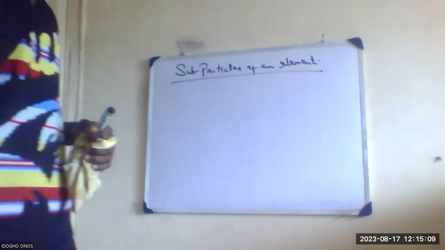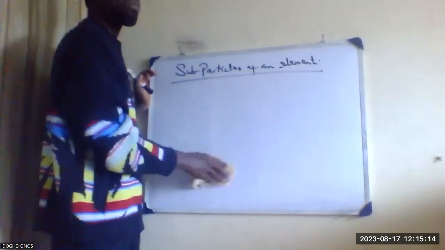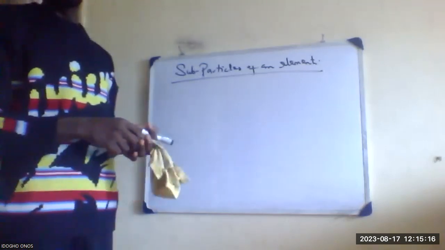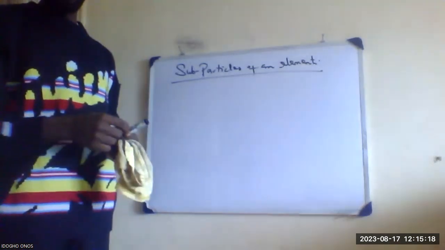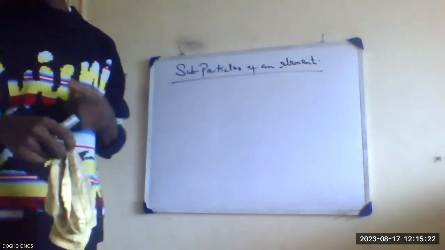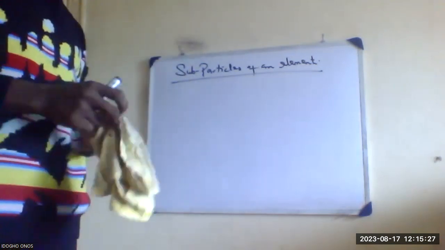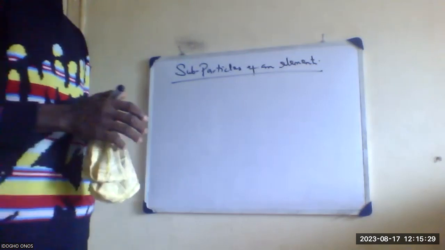Now, before I go to the subparticles, atom used to be defined as the smallest indivisible particle of an element. Students used to use that word indivisible, but that is wrong because atom is no longer regarded as indivisible. When we say indivisible, it means it cannot be divided.